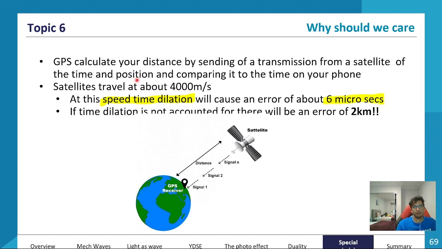And while six microseconds doesn't sound like a lot, if the satellite is out of sync by 6 microseconds, which is caused by time dilation, your position on the GPS will be wrong by a factor of 2 kilometers. So that just shows that time dilation actually has some real world impacts other than just imaginary spaceships traveling at really fast speeds.